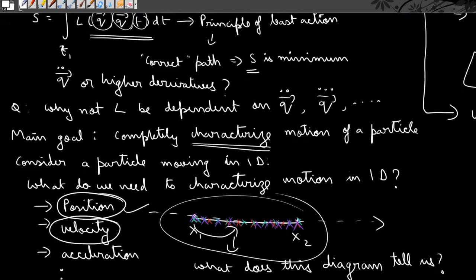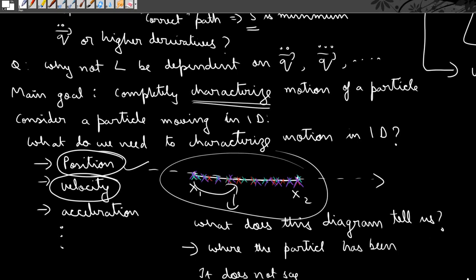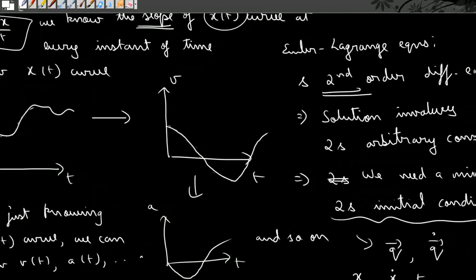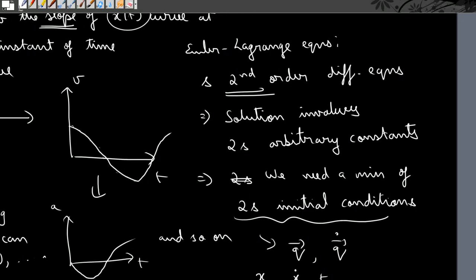And the Euler-Lagrange equations are a set of s second order differential equations which yield 2s arbitrary constants, which in turn implies that we need 2s initial conditions to completely solve how the particle moves.